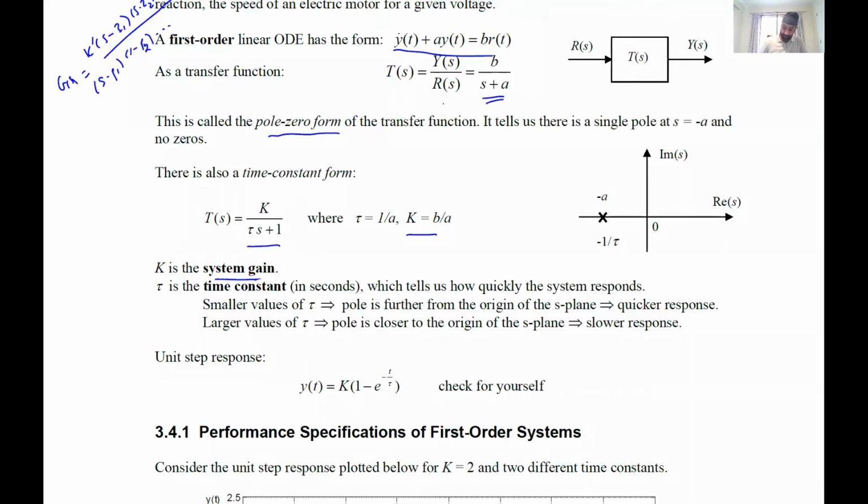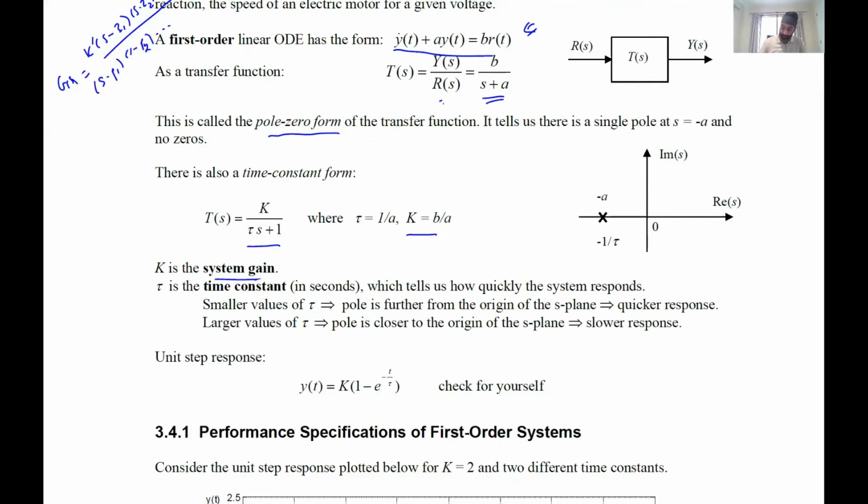I'll let you do it yourself. You can try solving this differential equation. You can also solve this differential equation using the Laplace transform and inverse Laplace transform. The transfer function is already given to you. You can assume that R(s) is a step function, so its Laplace transform will be 1 over s, and Y is equal to the transfer function times R(s).